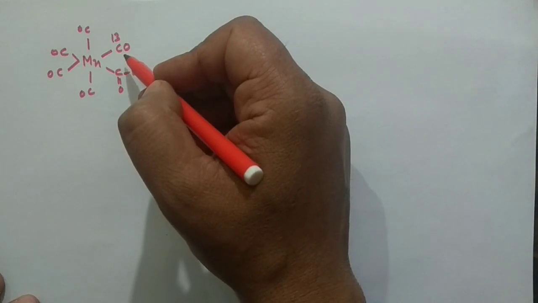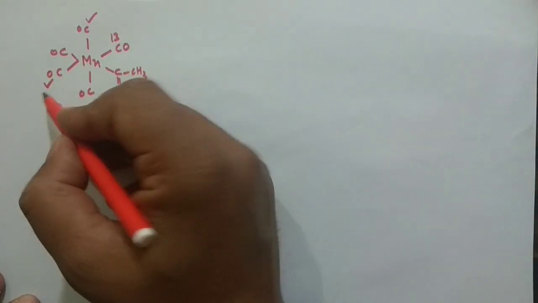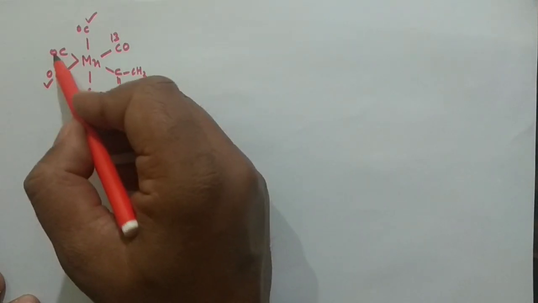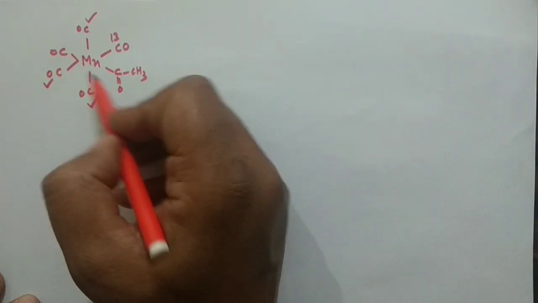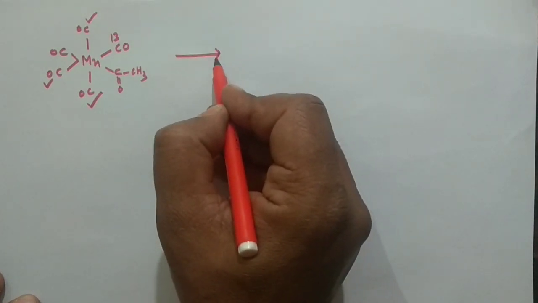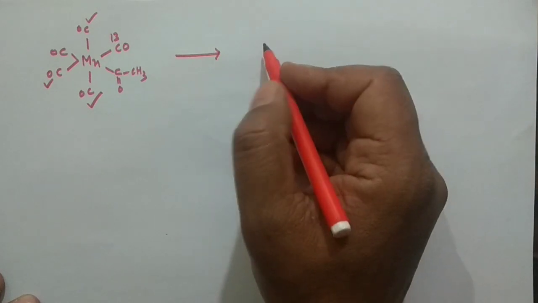Now how many choices are available to remove? You can remove this cis one, you can remove this cis one, you can remove this cis one. You cannot remove this. Why? Because they have the trans relationship. So if you follow the 3 different paths, then you will always have your product just like that.